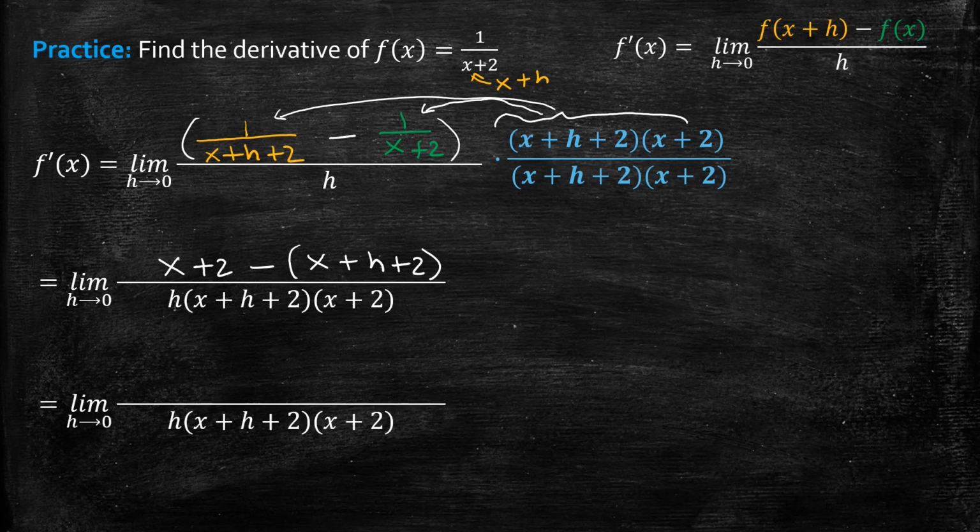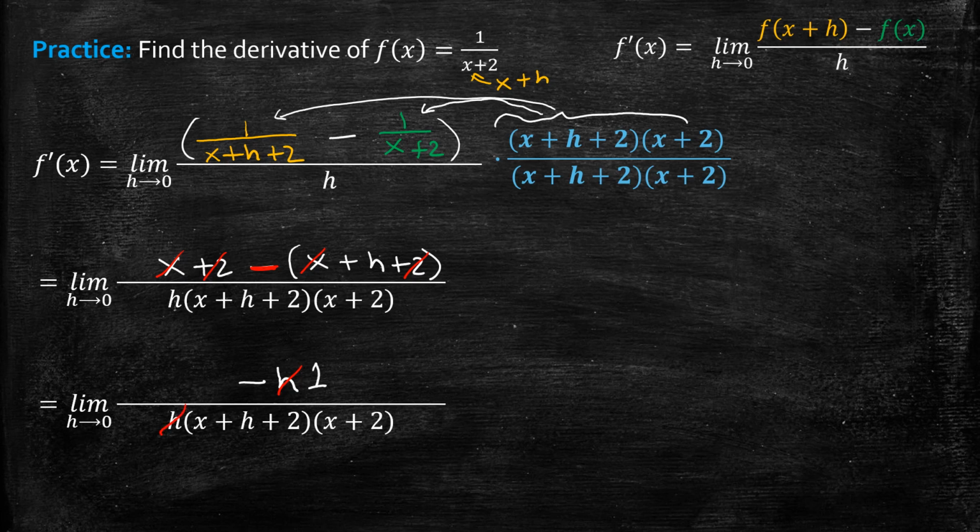And then if we simplify the numerator, I hope you can see that the x will cancel with, that will become x minus x. The 2 will cancel with this 2 here because that 2 is really a minus because of this outside here. And then all we are left with is negative h. Once again, the h's cancel. Probably should write that we're left with negative 1 on top.